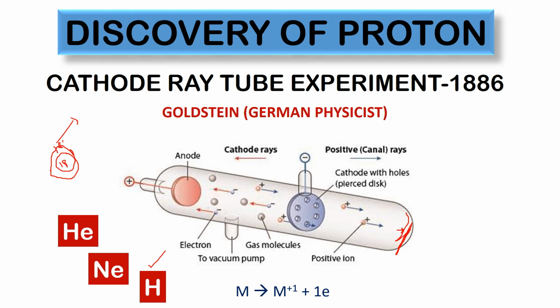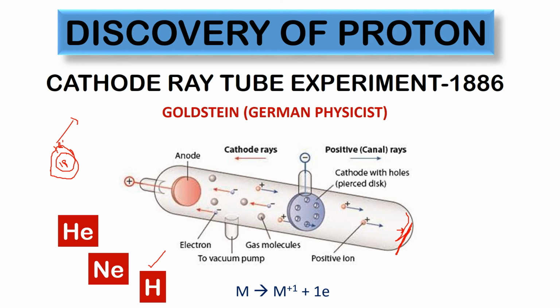The mass of an atom is concentrated inside the nucleus, which means that electrons do not really contribute to the mass of an atom. So the whole mass is concentrated inside the nucleus in the shape of protons and neutrons, and that is why we say that protons are heavier than electrons.